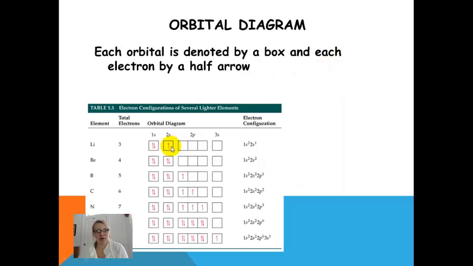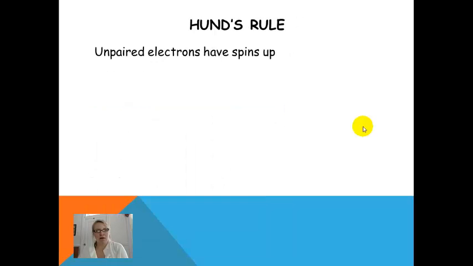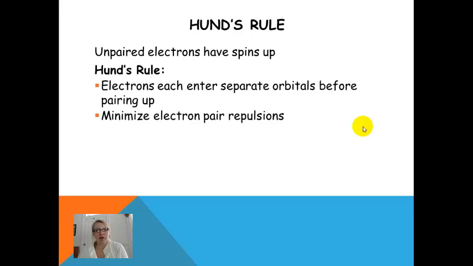Orbital diagrams use boxes like the Hogg Hilton. So if they ask you for an orbital diagram, it means you have to draw out all the boxes. Hund's rule says that unpaired electrons always have spins up, and that electrons each enter their own separate orbital before they pair up.